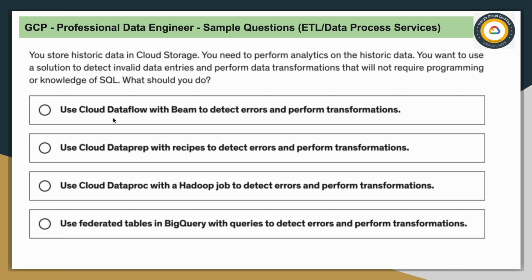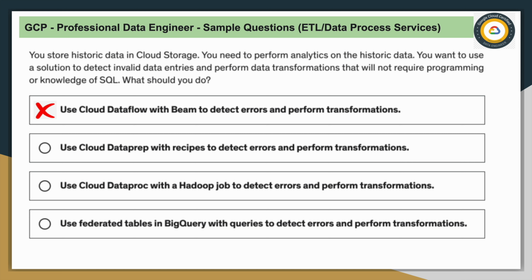We'll read these options one by one. Dataflow with Beam to detect errors and perform transformation: this is not the correct option because it requires coding knowledge, so you can ignore this option. Use Cloud Dataprep with recipes to detect errors and perform transformation: this is the correct option. It provides that feature to detect your errors automatically.